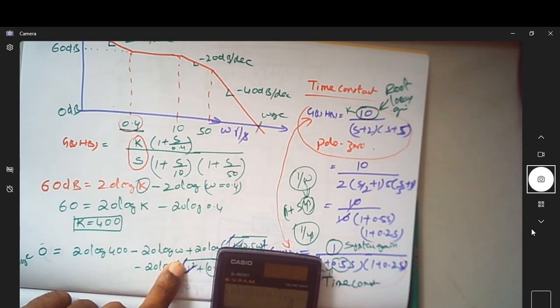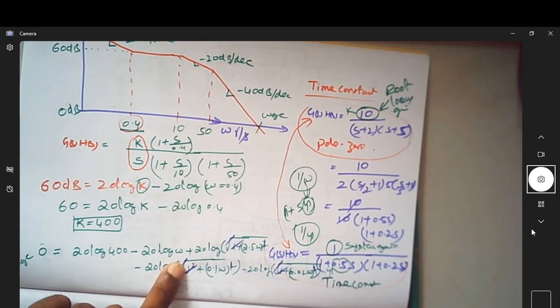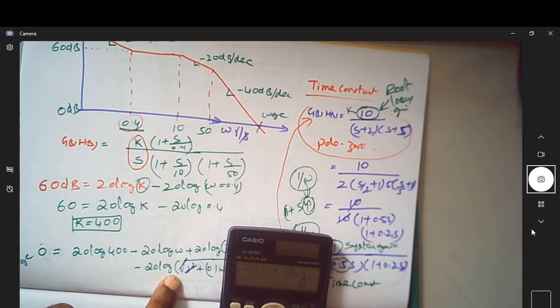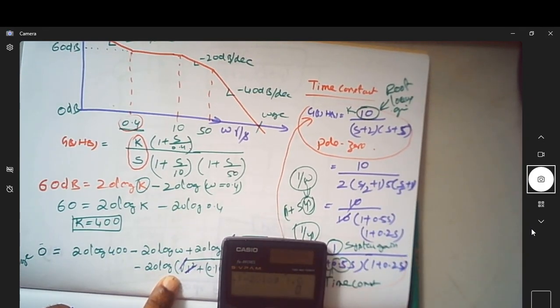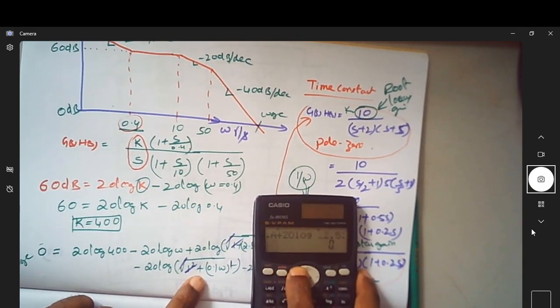Now it is minus 20 log of 0.1 omega GC, minus 20 log of 0.02 omega GC, close. Now we have entered all the parameters, and we have equated that to 0 also.